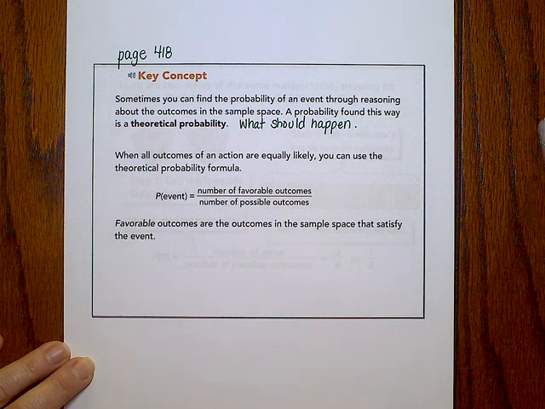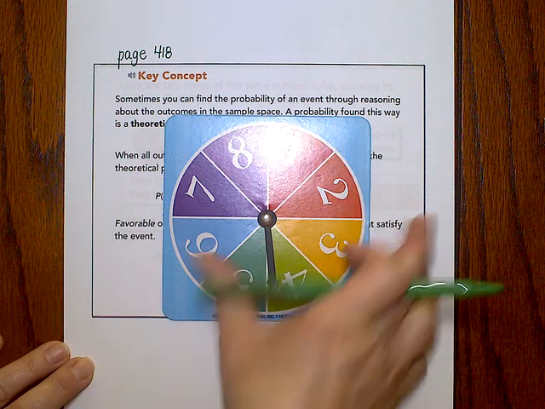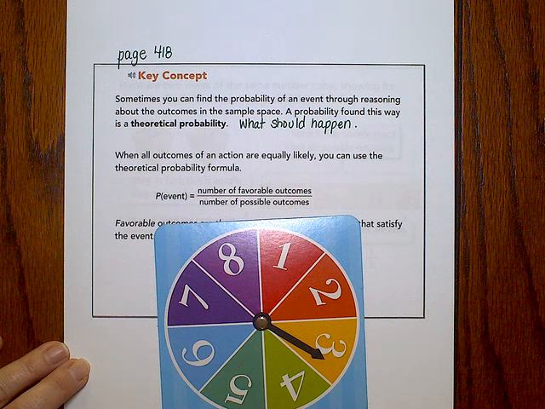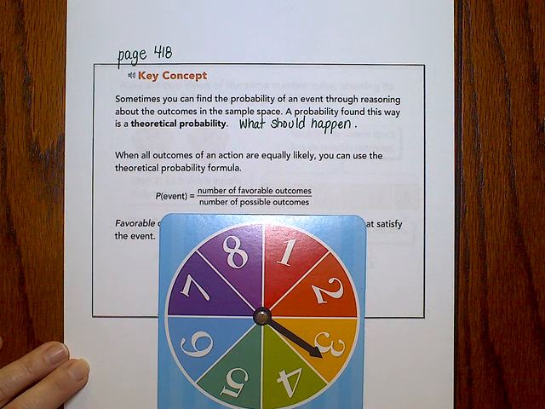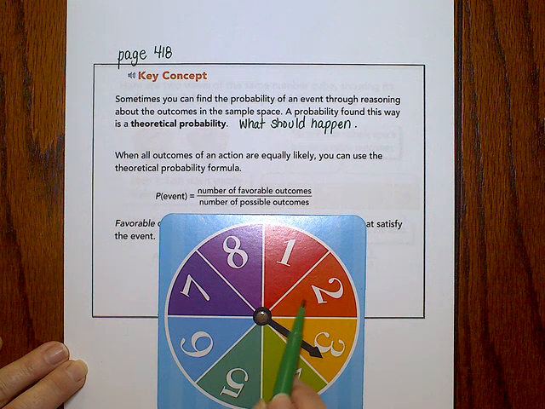So if I bring in this spinner here, you'll notice that I have 8 different sections. The probability of landing on the red would be 1 out of 8 because there's only one. The probability of landing on the orange would be 1 out of 8 because there's only one.